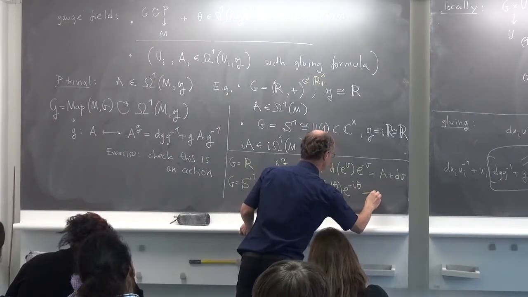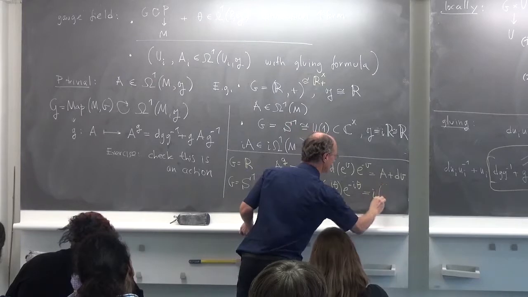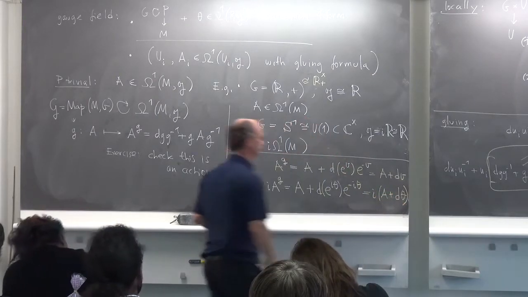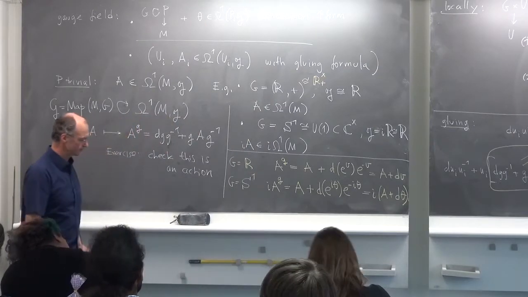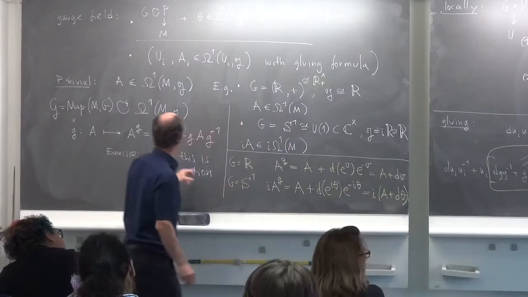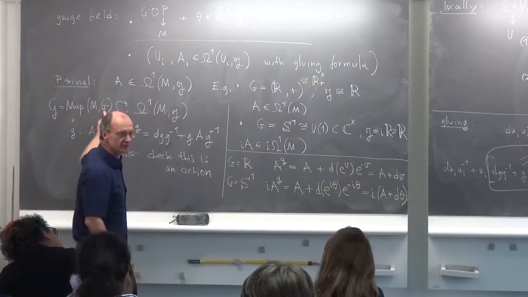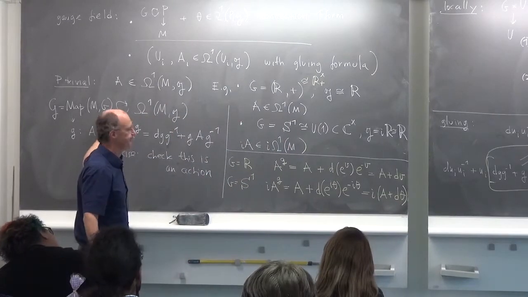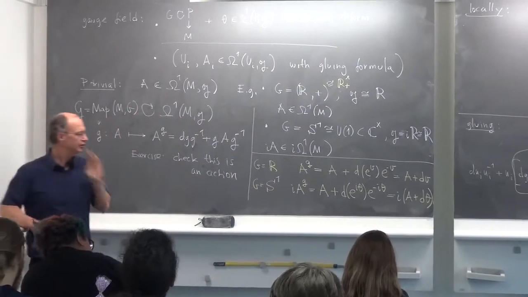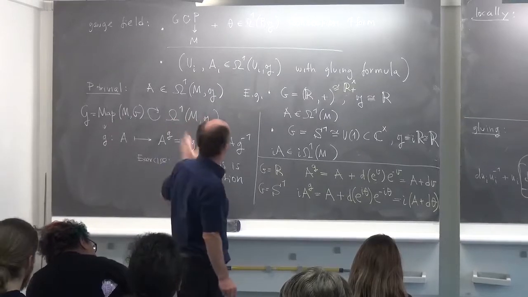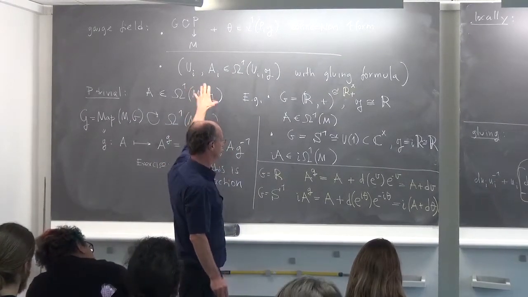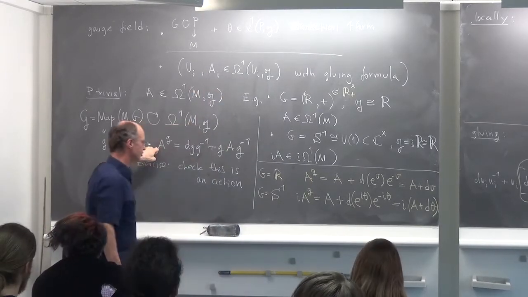And this is equal to A plus i d theta, where theta comes from a map from our manifold to G, and G is S1. So we'll discuss it in a bit more detail during the next hour. But for a moment, what we've done, we have gauge groups and we have gauge fields.